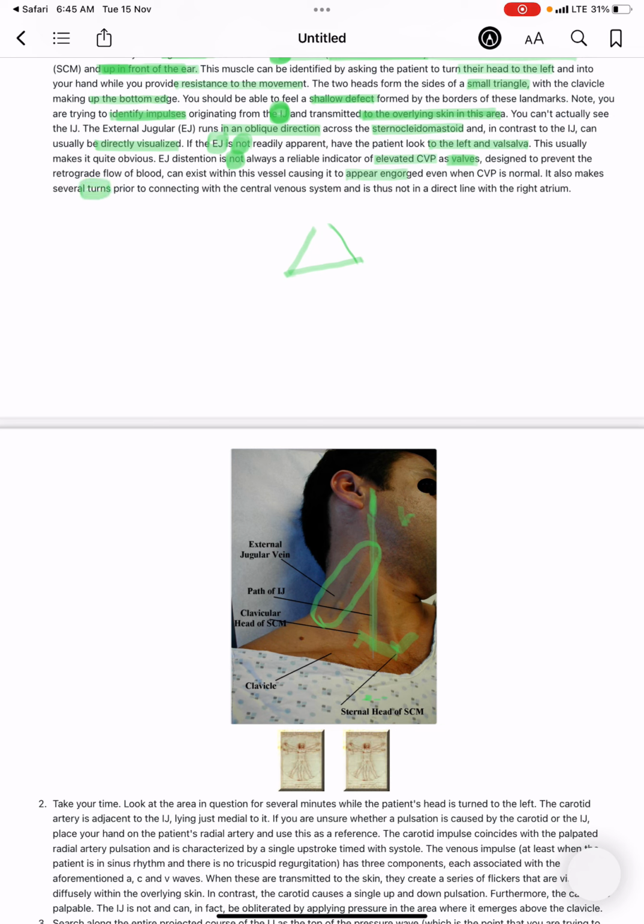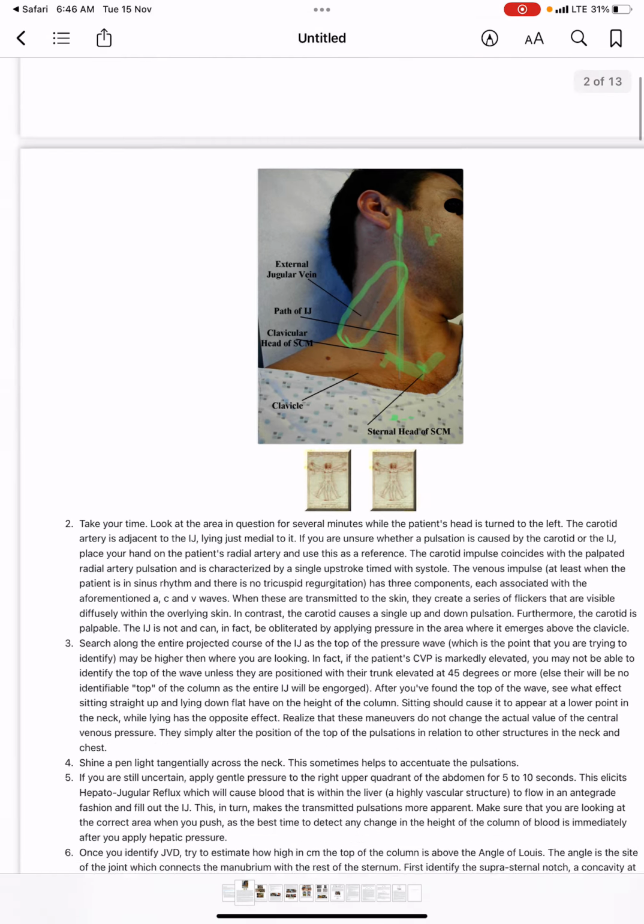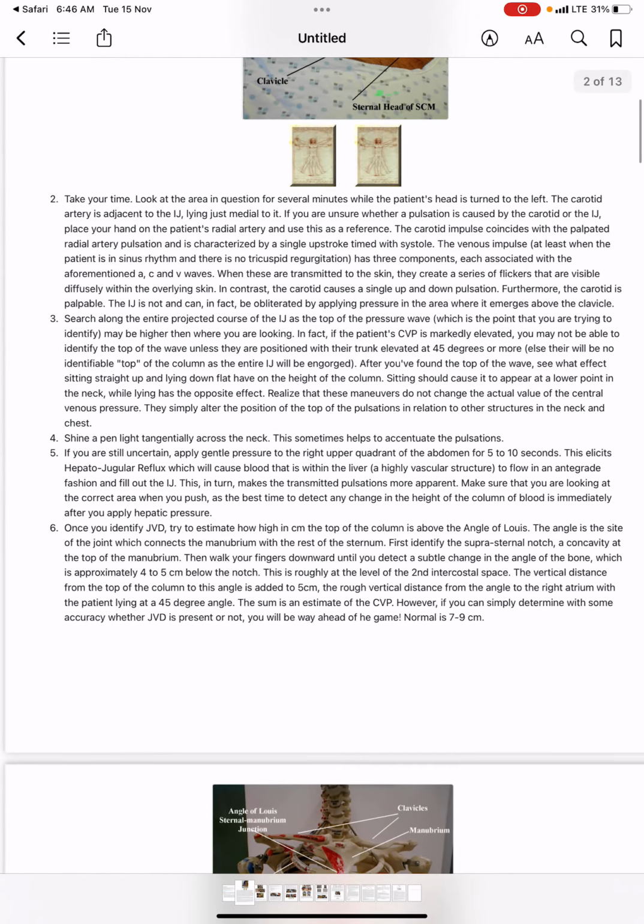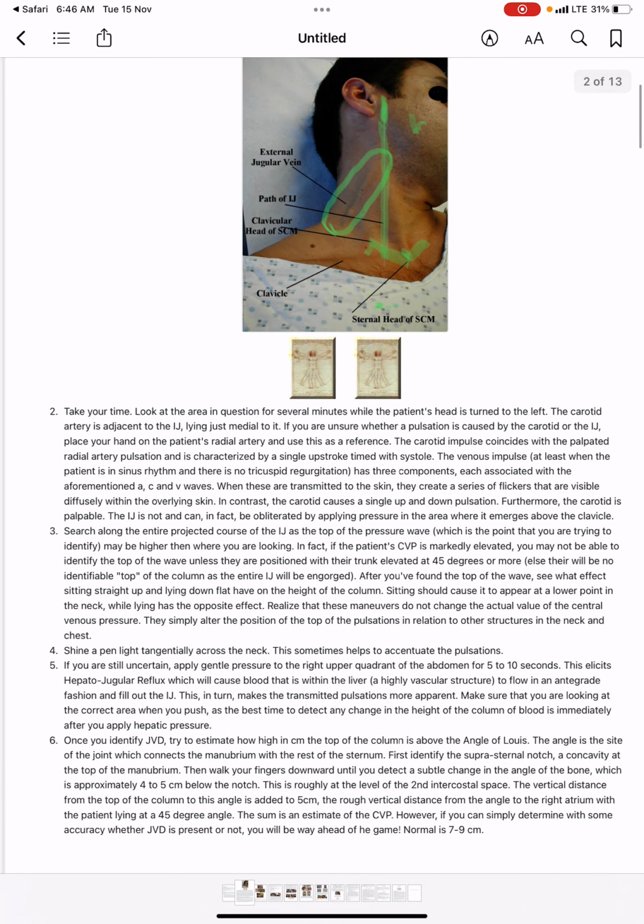This external jugular vein makes several turns in connecting with the central venous system, and thus is not in a direct line with the right atrium. Here we see the sternal head of sternocleidomastoid, clavicle, and clavicular head of sternocleidomastoid, and the path of the internal jugular vein and external jugular vein.